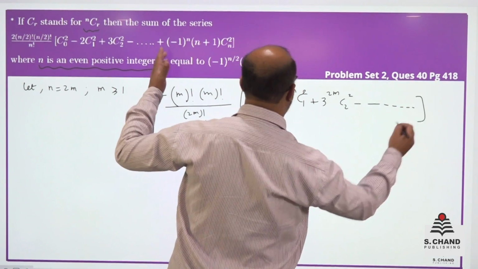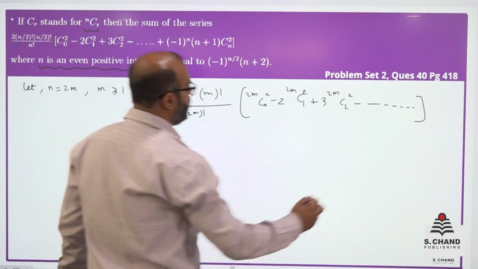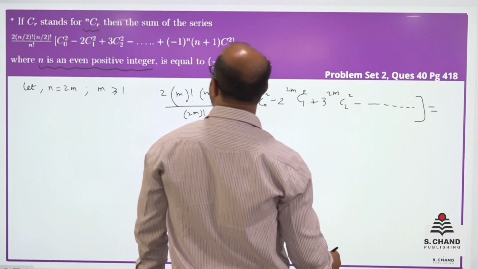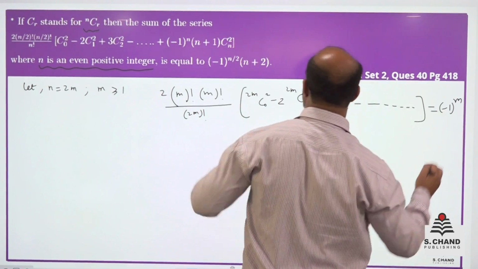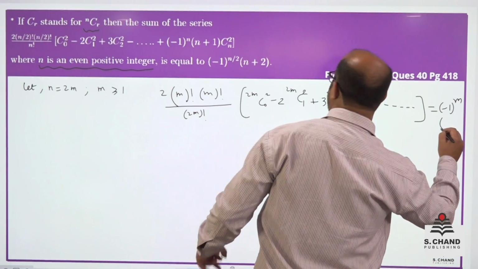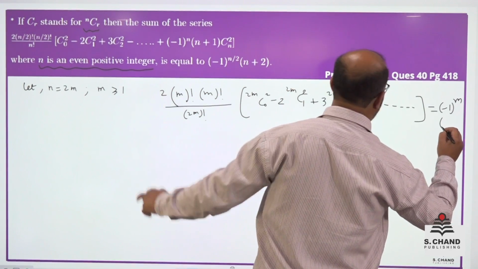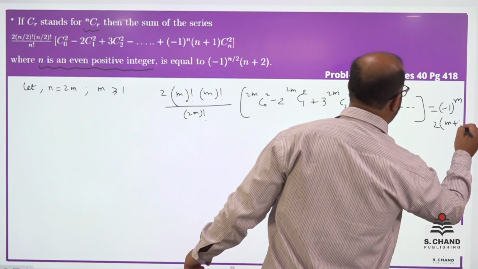I am not writing the last term, you can write it. This is equal to minus 1 to the power m, n by 2 will be m, into n plus 2, which is 2m plus 2, into m plus 1.